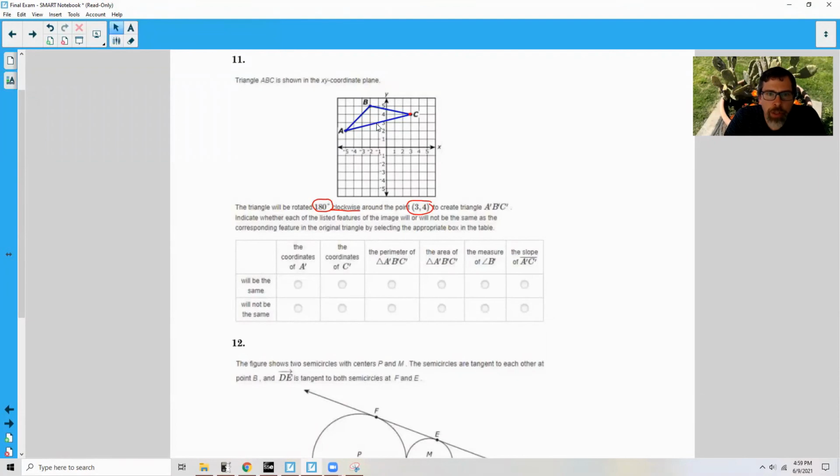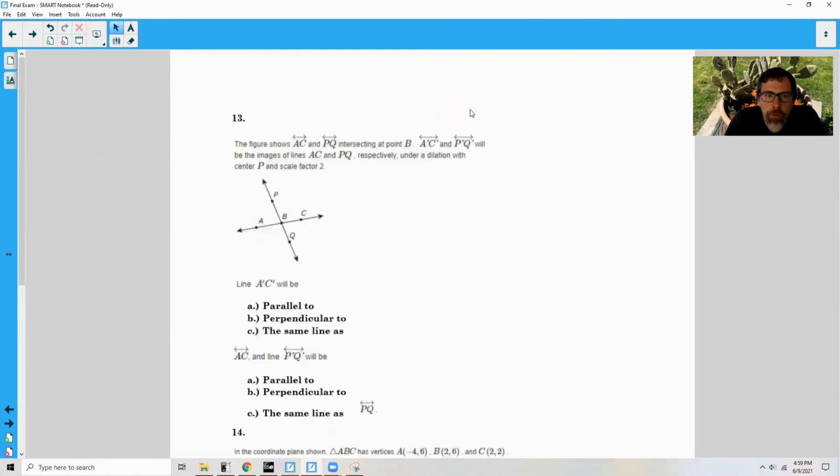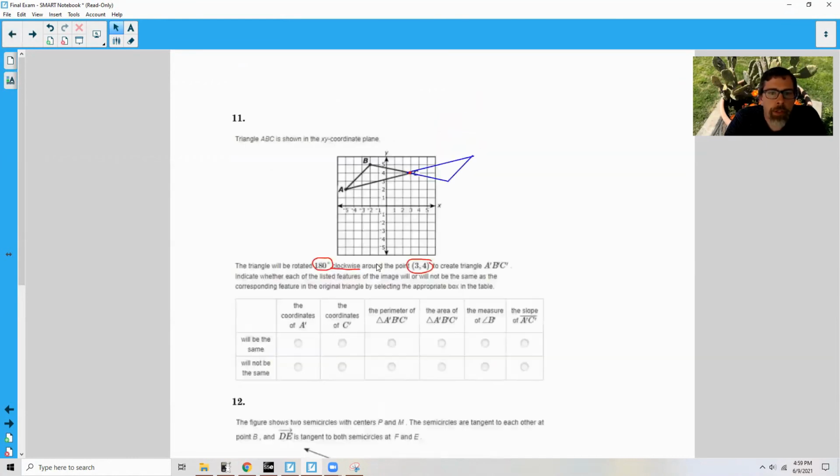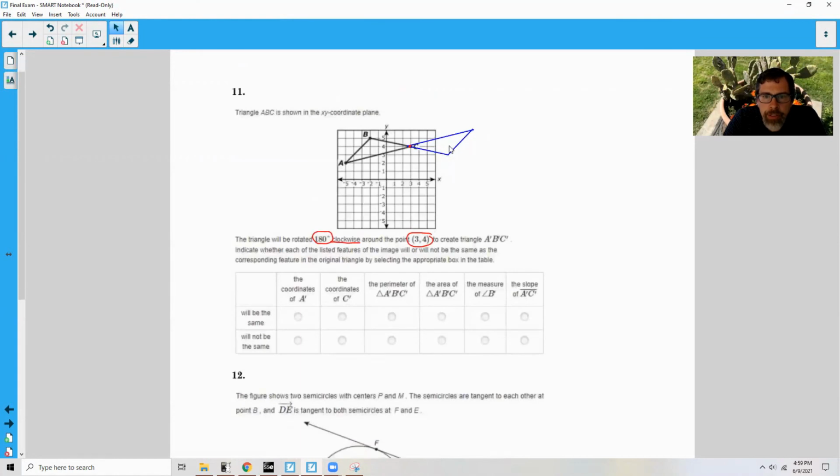So I'm going to do that. I'm going to rotate this 180 degrees. And then I'm going to move it so that C is still at C. Trying to get that to move just a little smidge right about there.